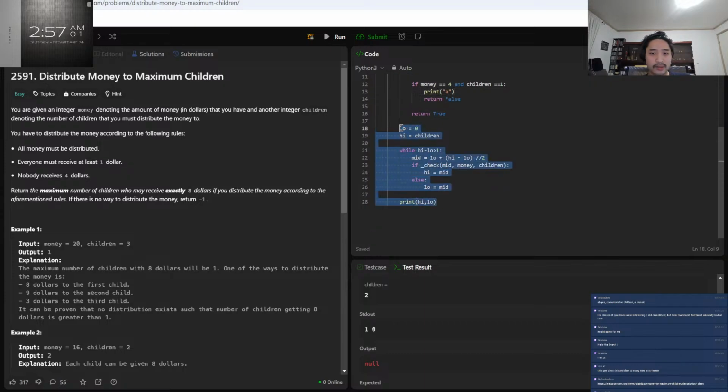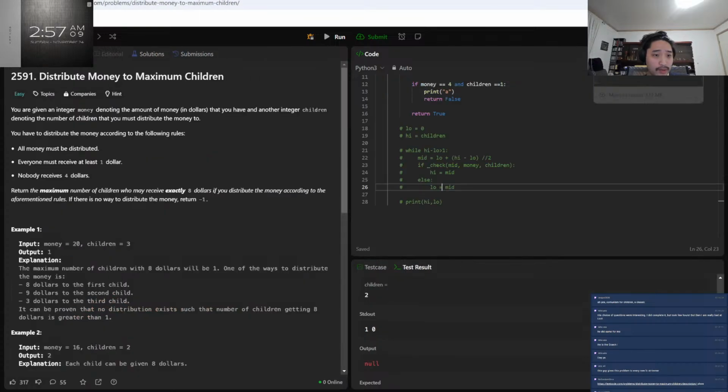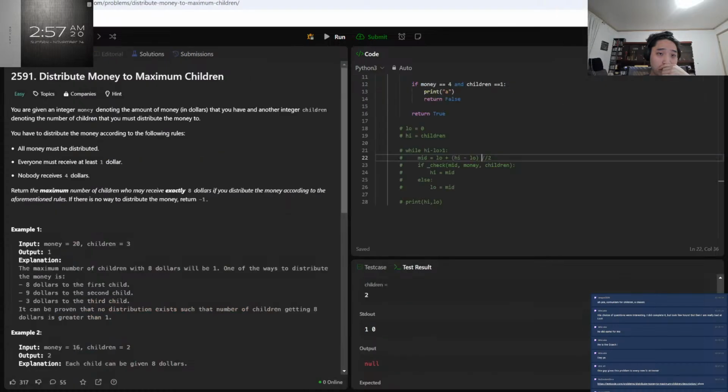It's so weird. Isn't it low, high? It should be high minus low divided, yeah, high minus low. I don't see why this is incorrect. Maybe I need to have low as -1 again.